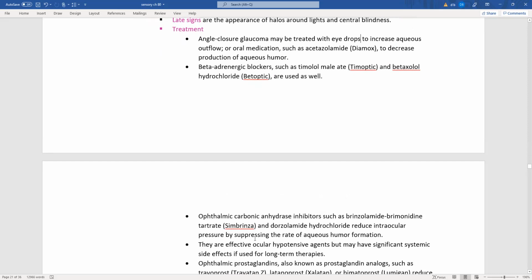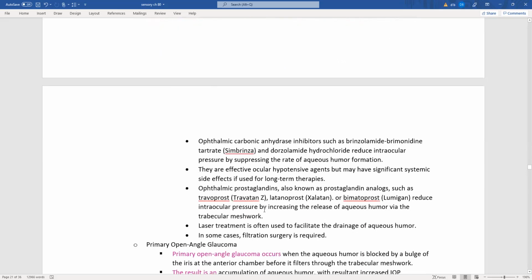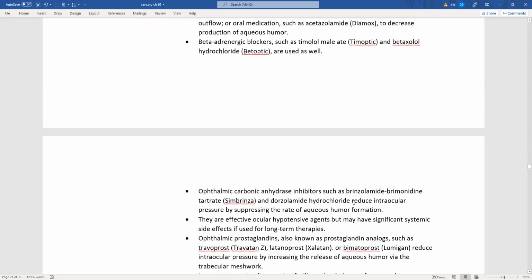They reduce intraocular pressure by suppressing the rate of aqueous humor formation. They are effective ocular hypotensive agents, but may have significant systemic side effects if used for long-term therapy.